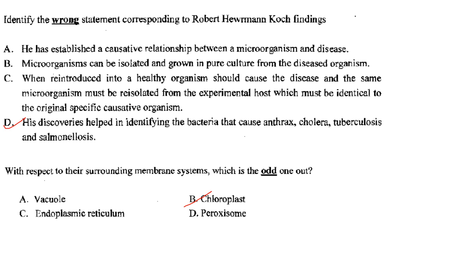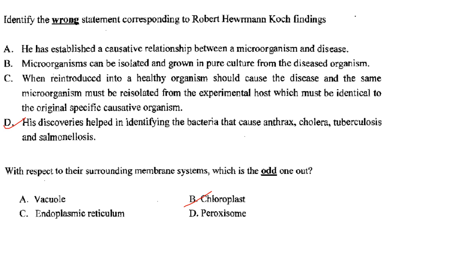Then next one. Identify the wrong statement corresponding to Robert Koch's findings. So he has established the causative relationship between a microorganism and disease. The microorganism can be isolated and grown in pure culture from the diseased organism. When introduced into a healthy organism it should cause the disease, and the same microorganism must be re-isolated from the experimental host, which must be identical to the original specific causative organism.